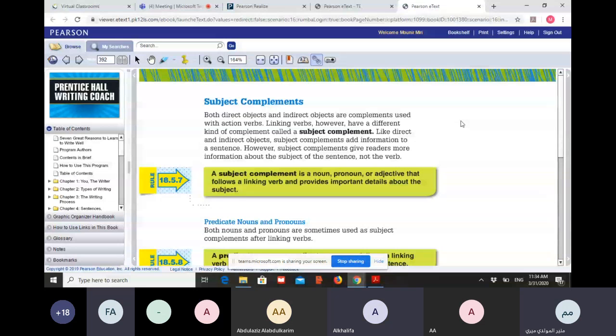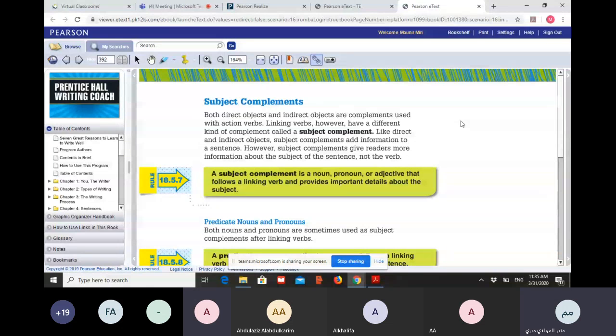Also, any other verb that can be substituted by a verb to be is a linking verb. I'm going to give you examples. Suppose that I say, for example, she is pretty, or she is a teacher. Here the word is, which is the verb in the sentence, is a linking verb, because after it comes the word pretty, which is an adjective that describes the subject.